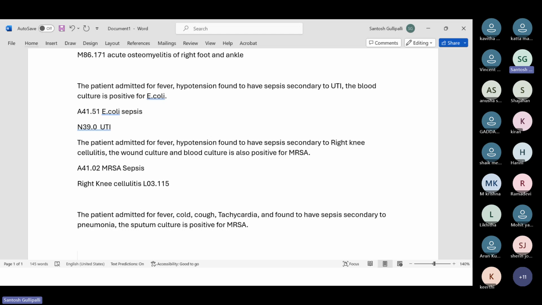So the sputum culture is positive for MRSA. Okay, so how to code this?